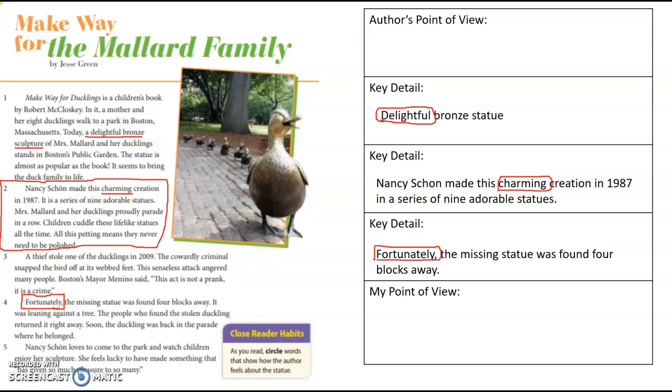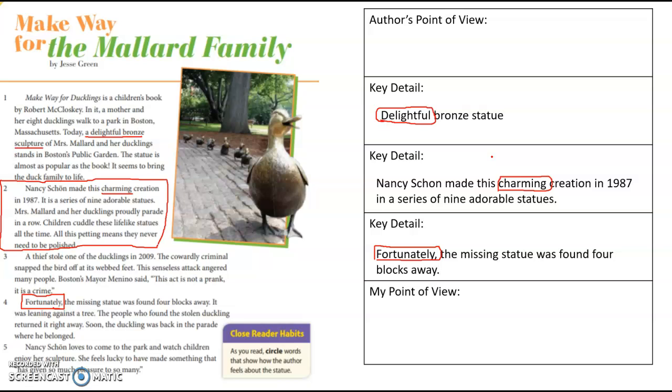If the author didn't like this statue, they might have said, unfortunately, the missing statue was found. So looking at these details, looking at the words that the author chose to describe the statue, we can decide how he or she feels about the topic.